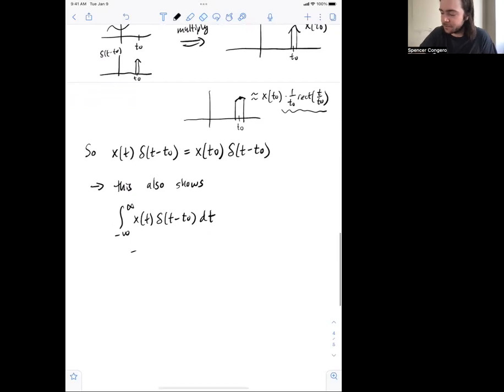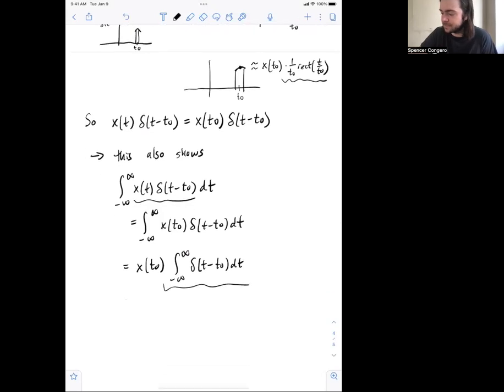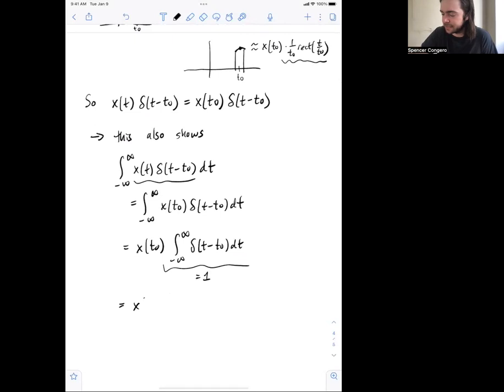But now we can use the property we just talked about to say this inside function is really just x of t naught times delta of t minus t naught. Now the x of t naught I can bring outside the integral, and I get the integral of delta of t minus t naught. We know this shifted delta has area 1. And so I just get x of t naught, just like before.